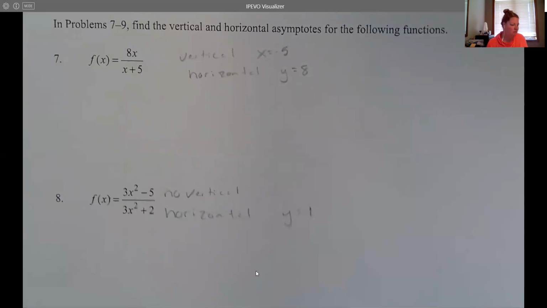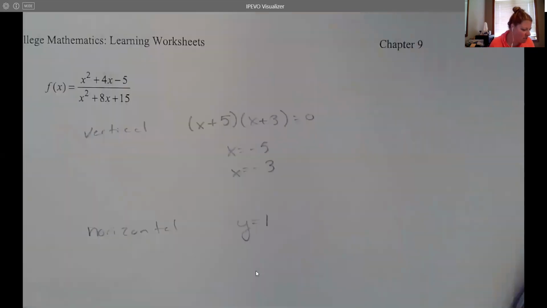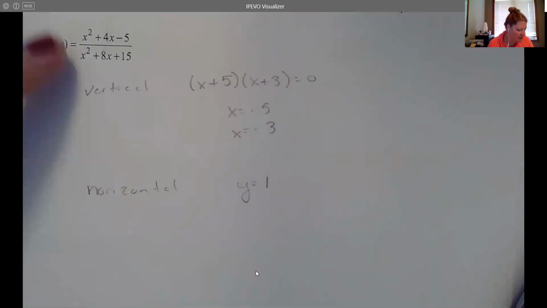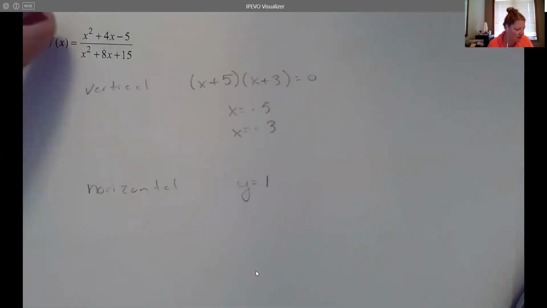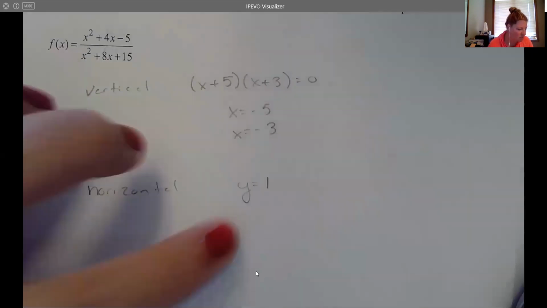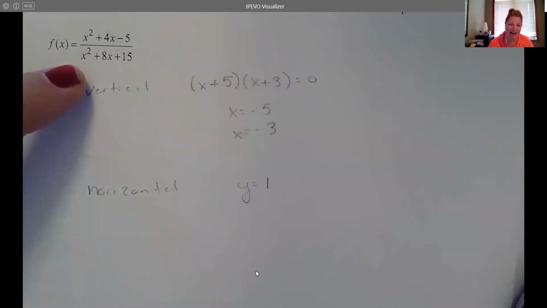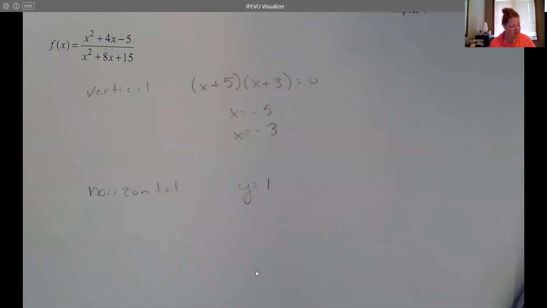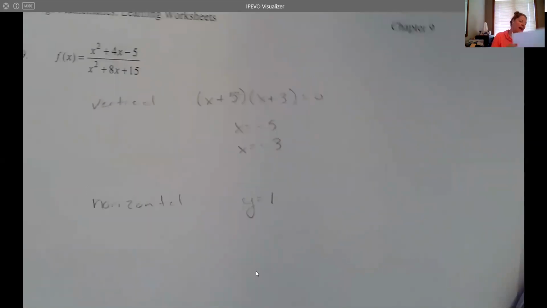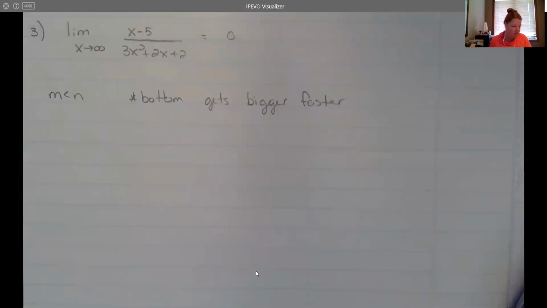I think you had some questions on asymptotes in here, if I remember right. This one has the same over the same again, so the numbers in front are 1 over 1, so it's going to y equals 1. And this one you would have had to factor the denominator to get the two values of where the denominator equals 0. In this homework, I'm pretty sure you have a couple that ask just about asymptotes as well.